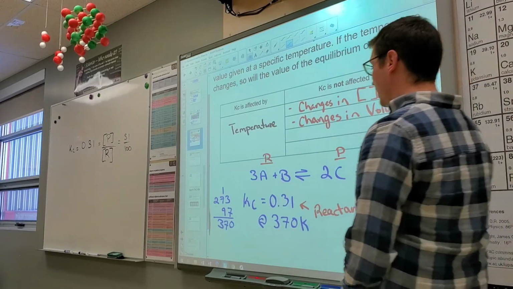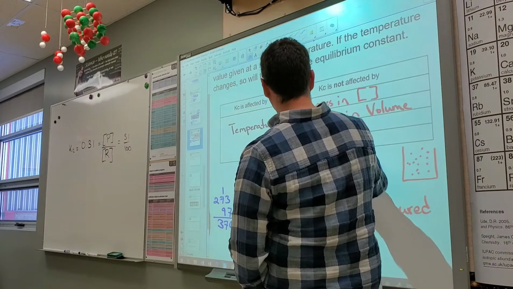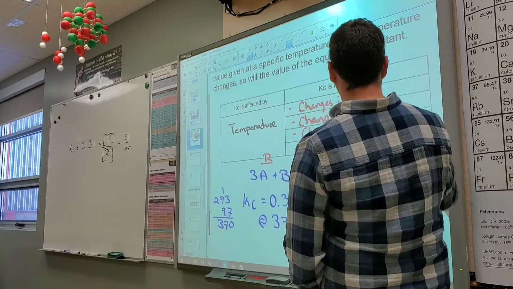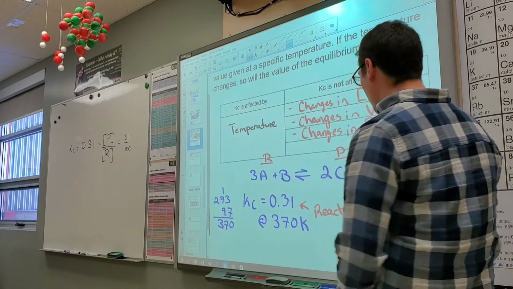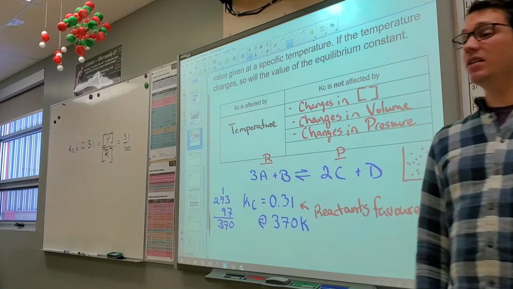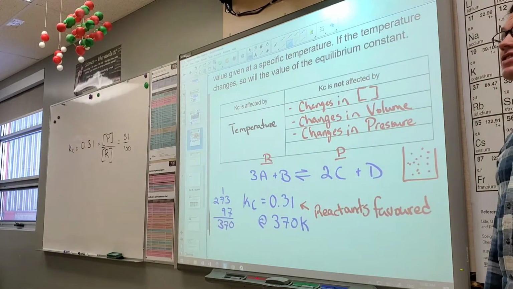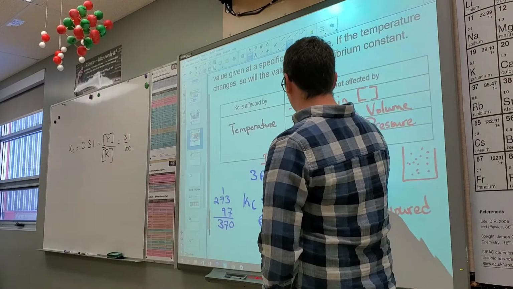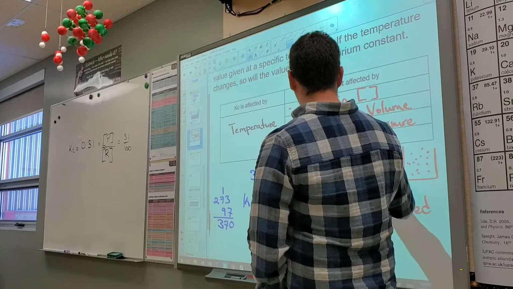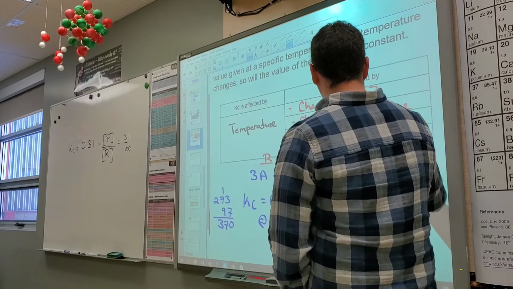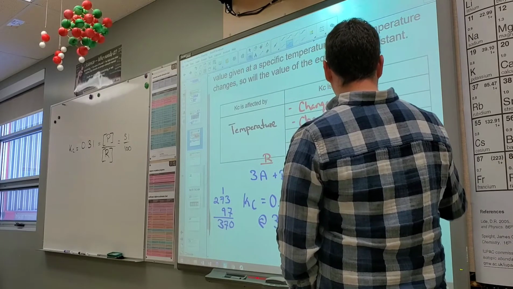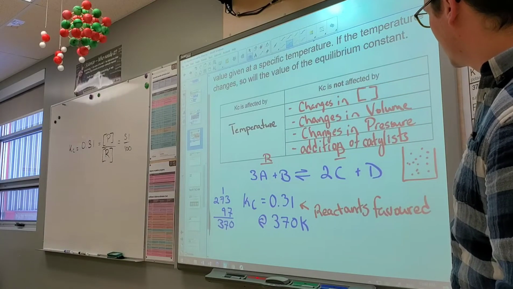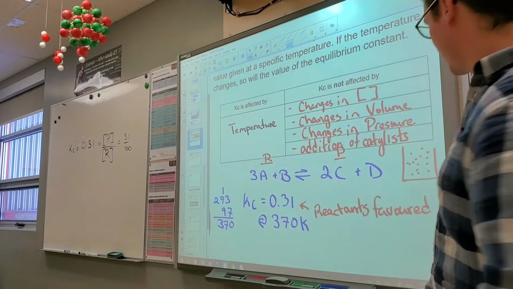It's not affected by changes in pressure. And the very last thing, Kc is not affected by the addition of catalysts. Is that how you spell catalysts? Sure, why not?